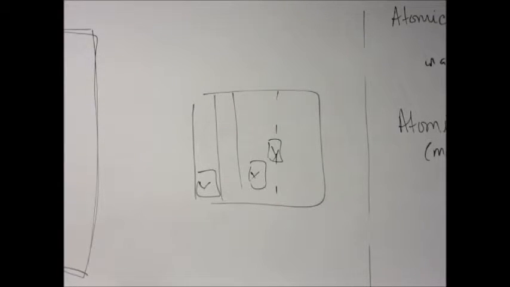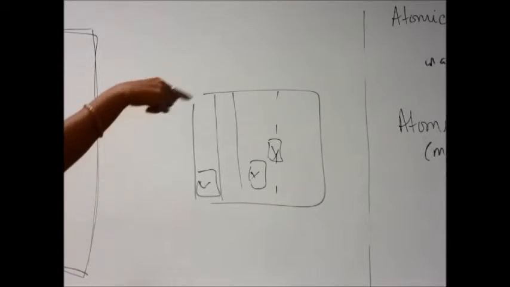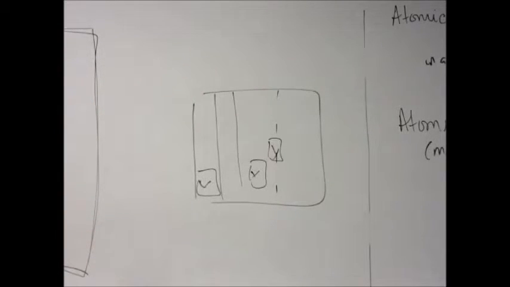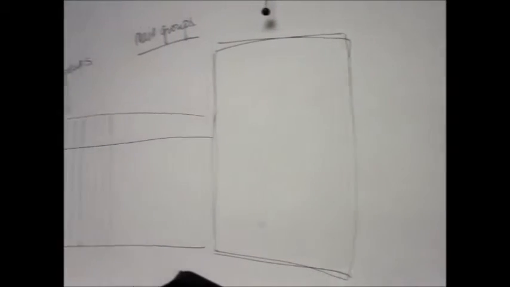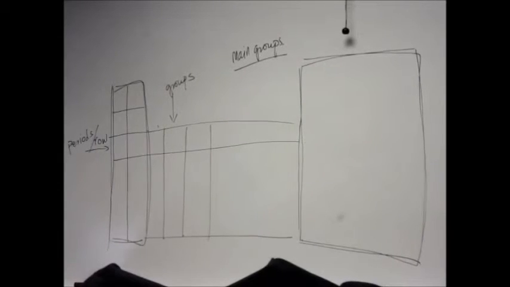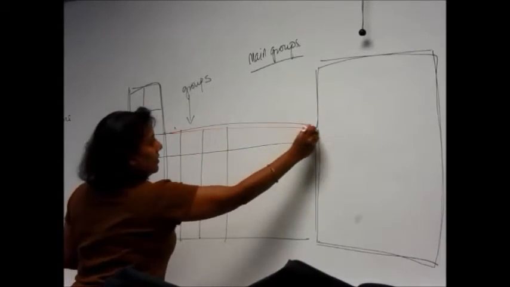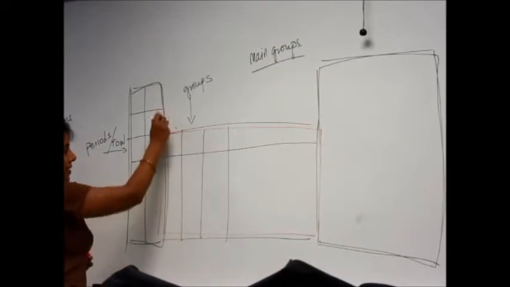Then as the elements were discovered more and more, the periodic table had to be rearranged, and then the middle part came. This middle part is called the transition metals. And if you have a colored pen, that's awesome.